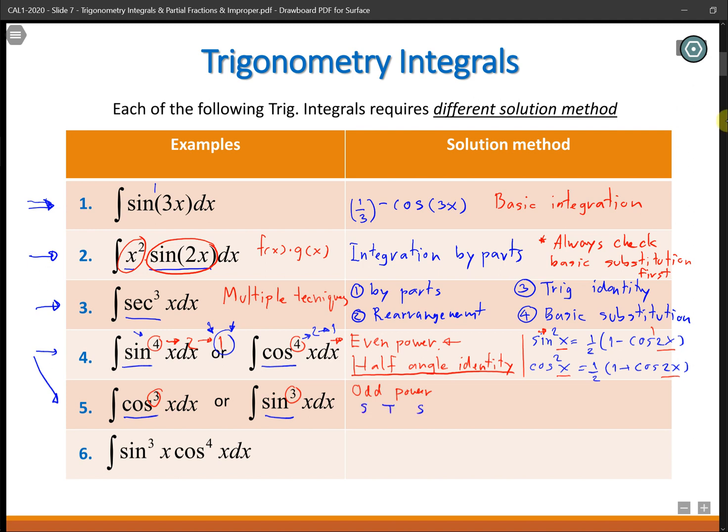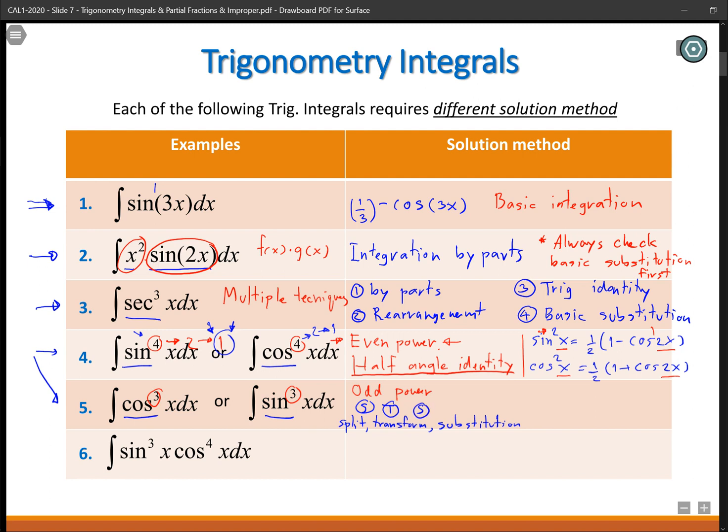The first S is split. T is transform. Split, transform, and the last S, substitution. All right. So let's see what happens here about this STS.